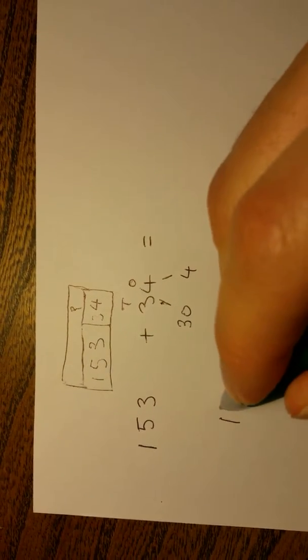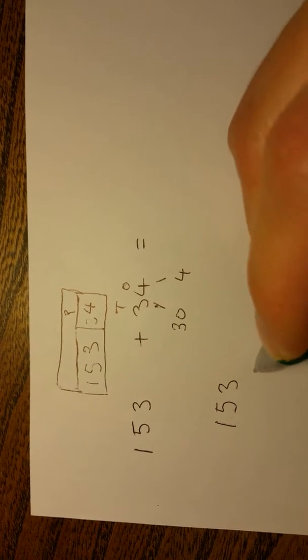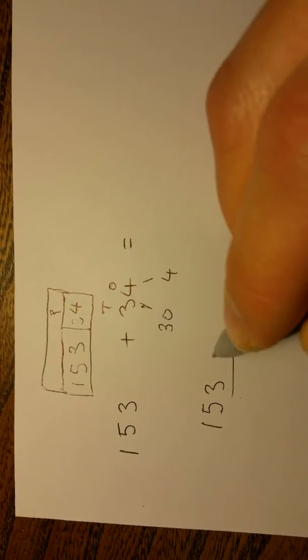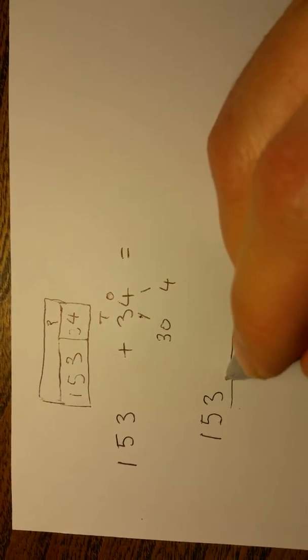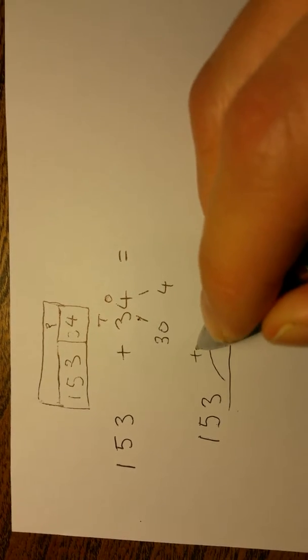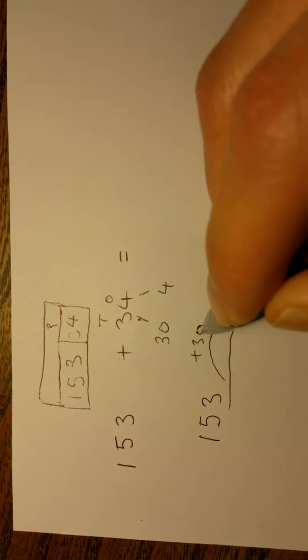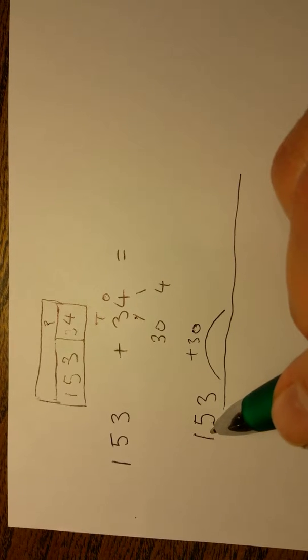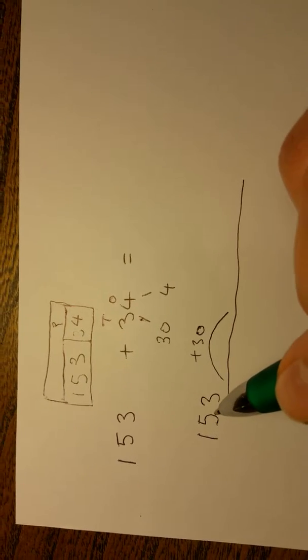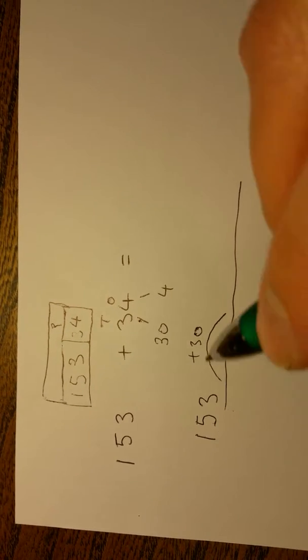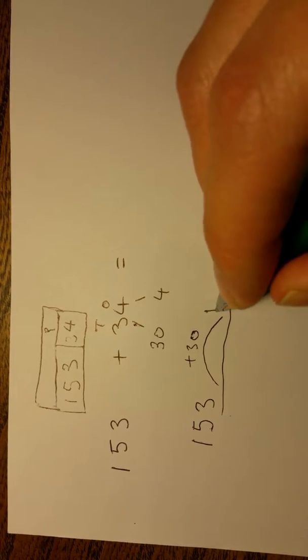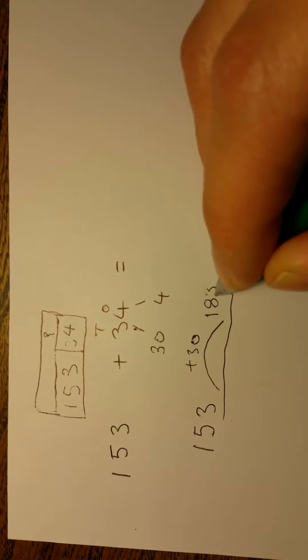So I'm going to do that now, 153 on my number line, and the first thing I'm going to do is add the 30. So I can count on in tens, and I need to count 3 tens, so that's 163, 173, 183. So here we get to 183.